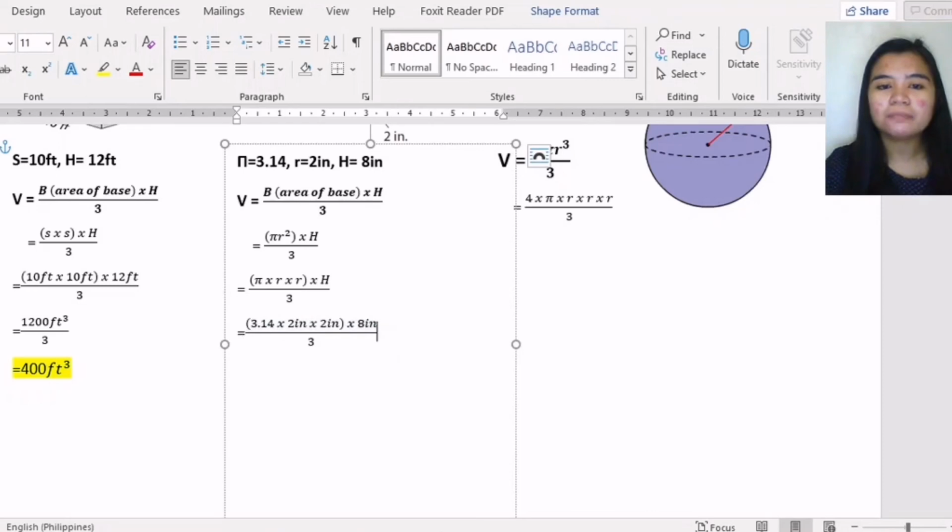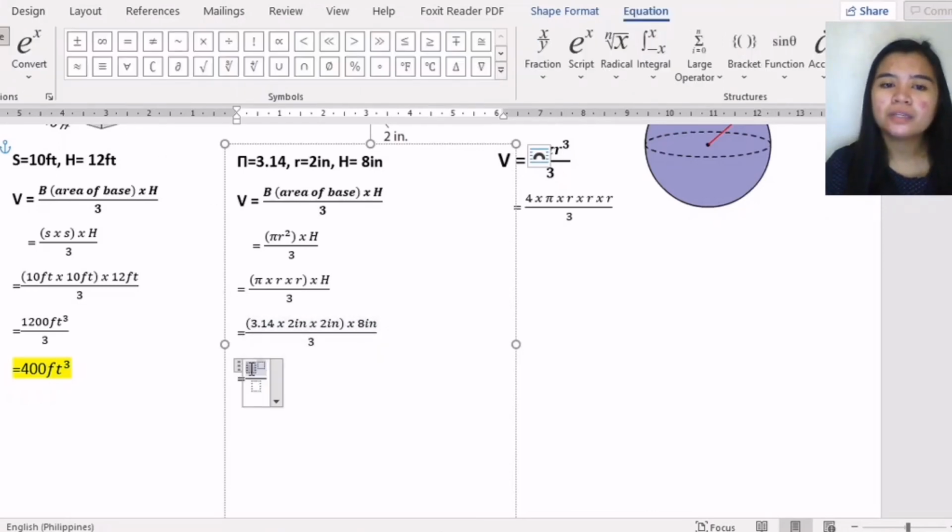Then after that, equal, and then let's multiply. So 3.14, so if we are going to multiply 3.14 times 2, that is 6.28. And then 6.28 times 2 again, that is 12.56. So kapag minultiply natin itong tatlo, yung 3.14 times 2 inches times 2 inches, that is 12.56 inches.